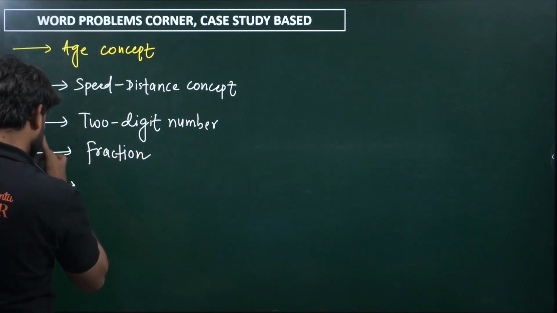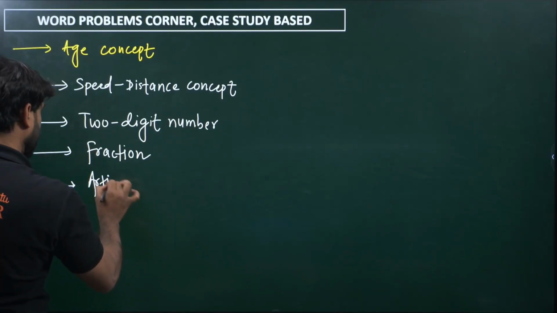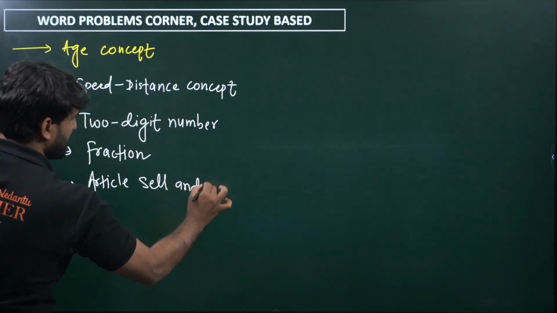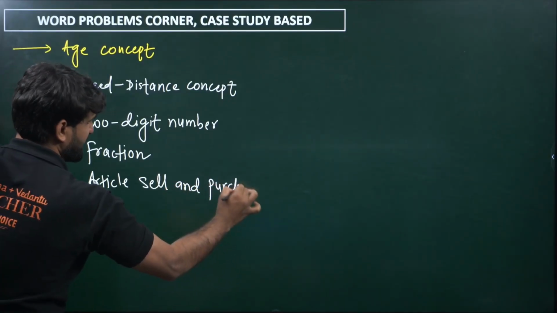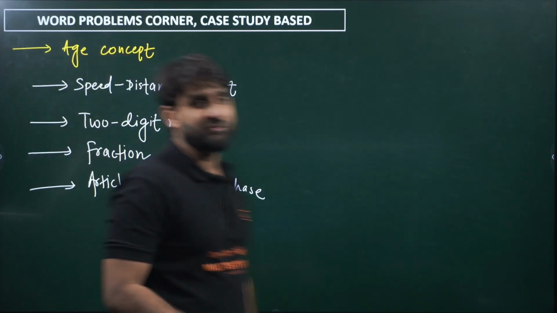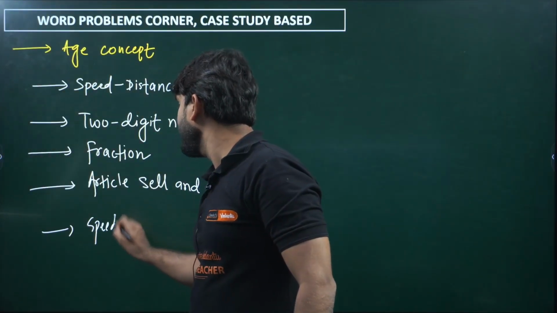Fourth comes up articles, sale and purchase based questions. So basically these are the word problem corners. And one more thing is there, speed of boat.